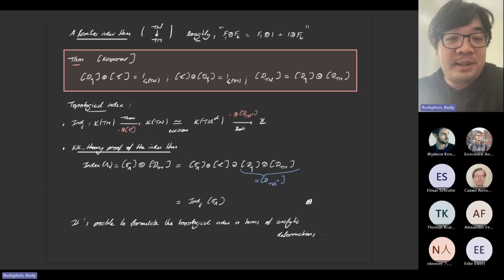And then you can reprove the index theorem from Kasparov products. So here this is Kasparov equality. You just separate that in terms of what we had before. You can do that because you shift this thing, because this is 1 from what we saw before. So this is 1 and you shift that in the middle. And then you see that if you take all these products, it's the composition that gives you the topological index.